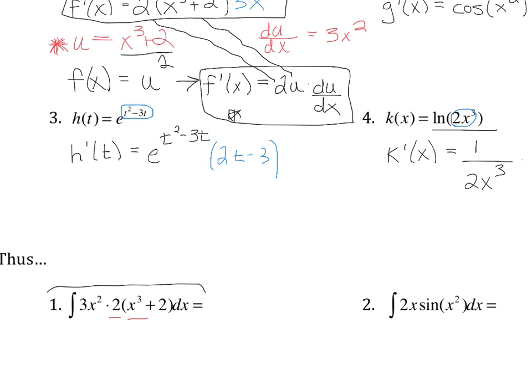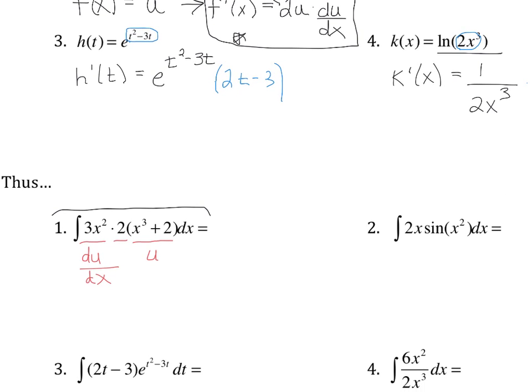This x cubed plus 2, up above, we had called that u. And then the 3x squared was actually the derivative of u with respect to x. So we called it du dx.